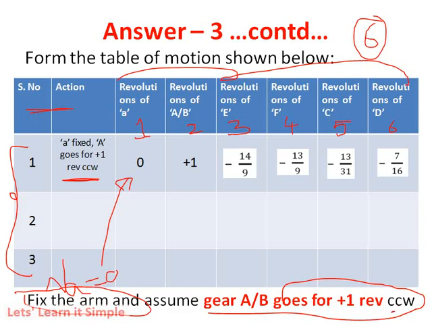Keep in mind, counterclockwise is taken as positive here, but the general convention may be different. For this problem we assume counterclockwise is positive and clockwise will be negative. So gear AB goes for +1 revolution counterclockwise. Therefore, the speed of revolution of compound wheel AB is +1.